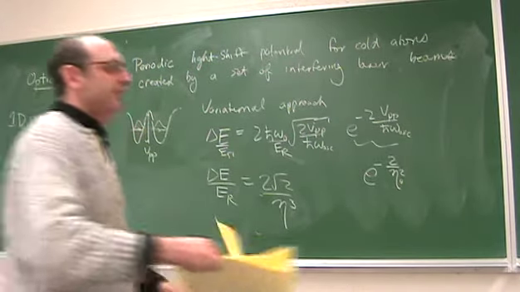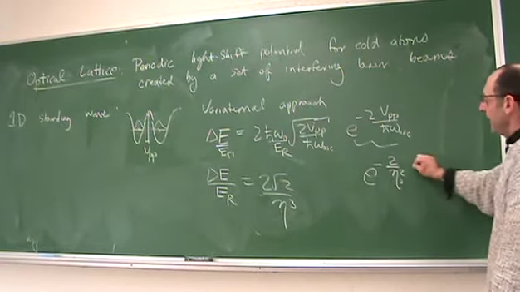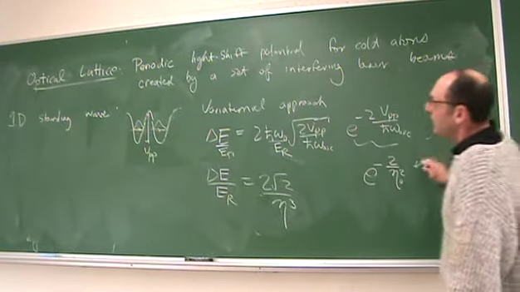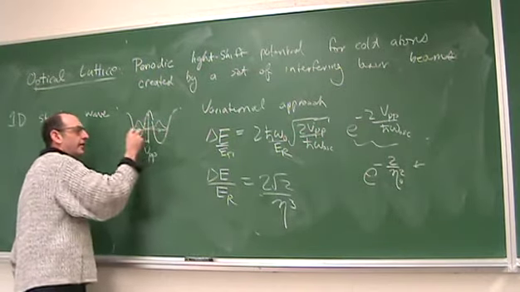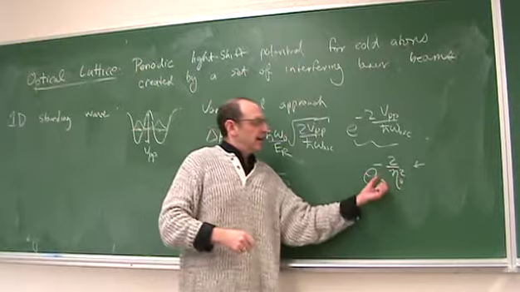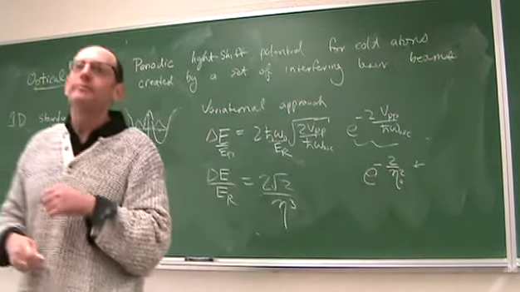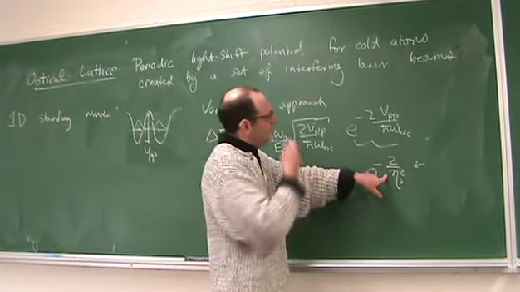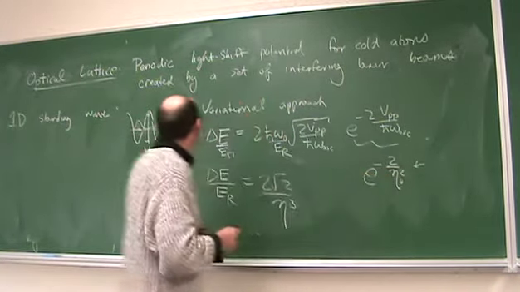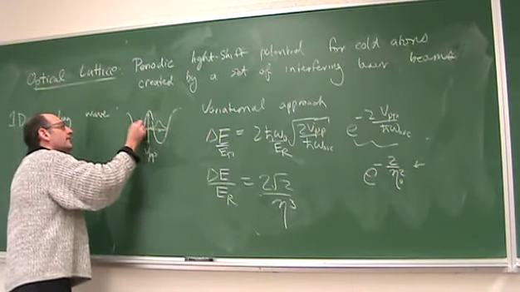So as Jean was saying, this in fact is related to thinking about the overlap of the wave functions. The overlap of these Gaussian wave functions sets the rate of tunneling.